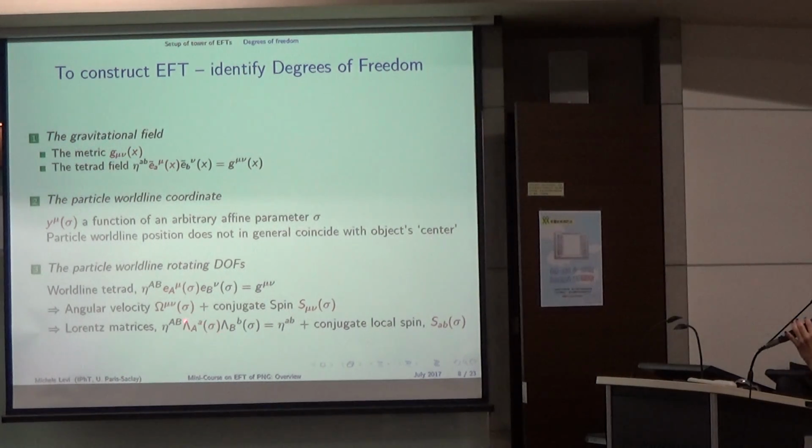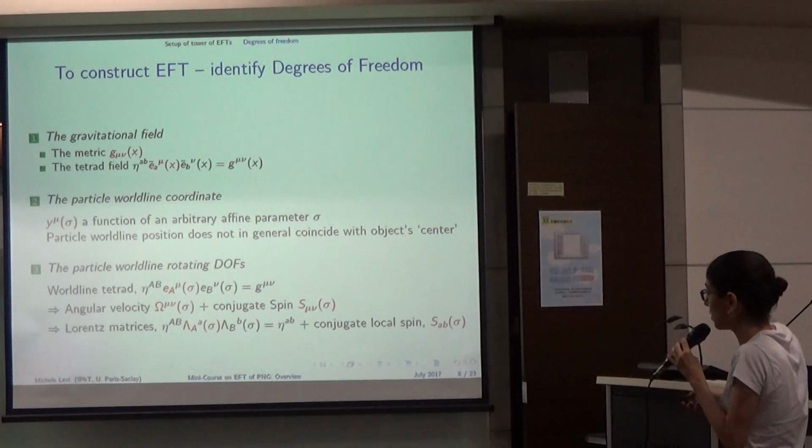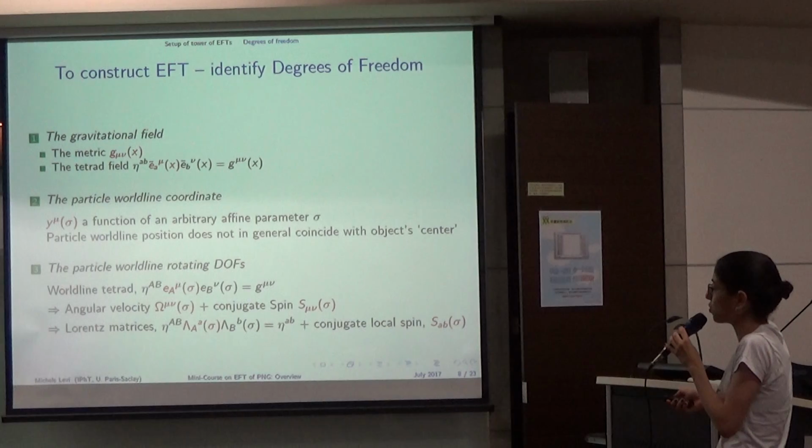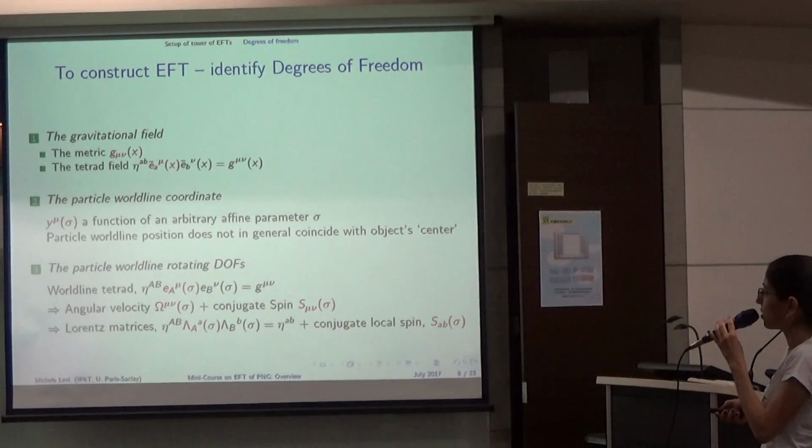So finally, our rotating degrees of freedom will be Lorentz matrices and the conjugate local spin, which will be the spin projected again to the locally flat frame. So you can see already that this is a subtle issue once you start considering rotation.